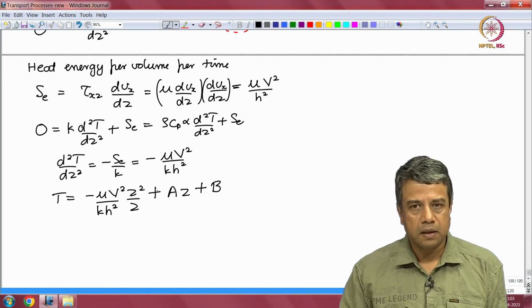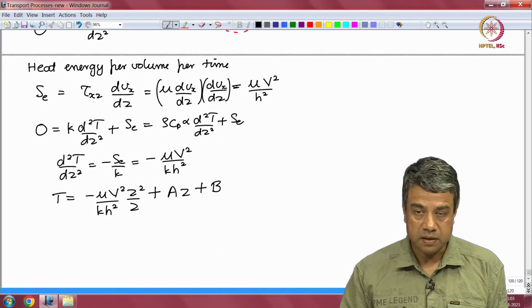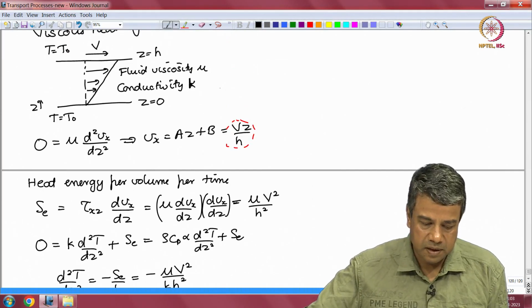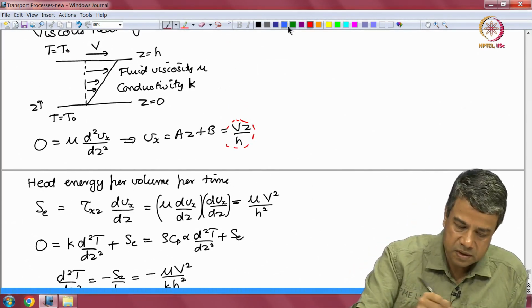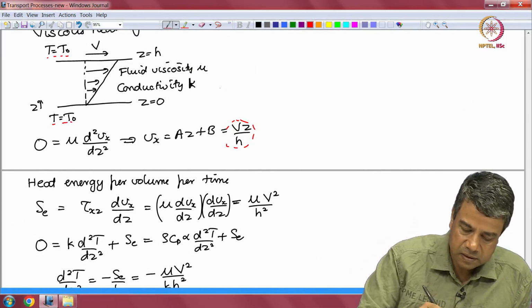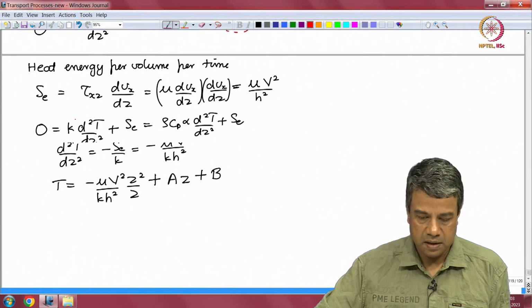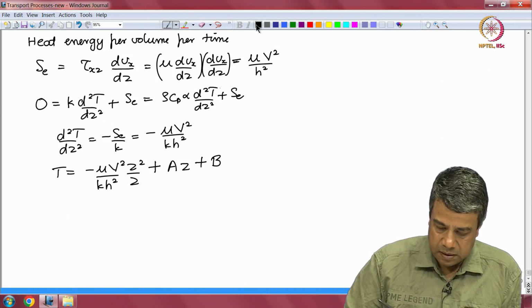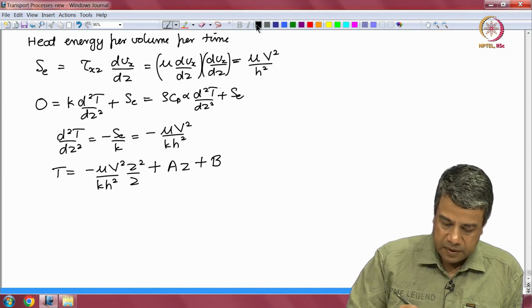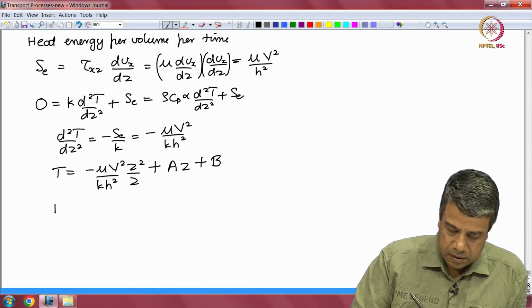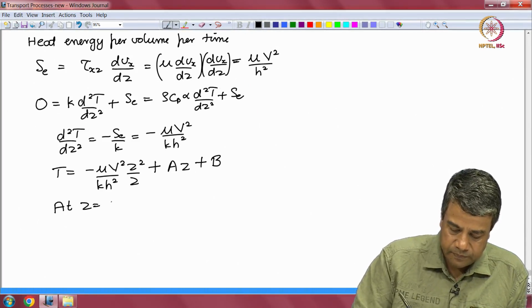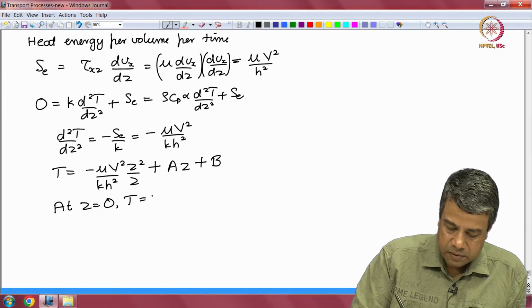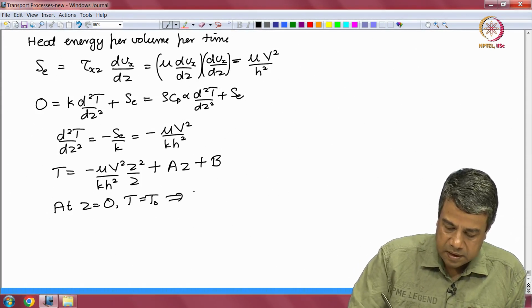And then we have to apply the boundary conditions. Note that the boundary conditions for the temperature at the two surfaces are that T is equal to T naught on both surfaces. Therefore, at z is equal to 0, T is equal to T naught implies that B equals T naught.